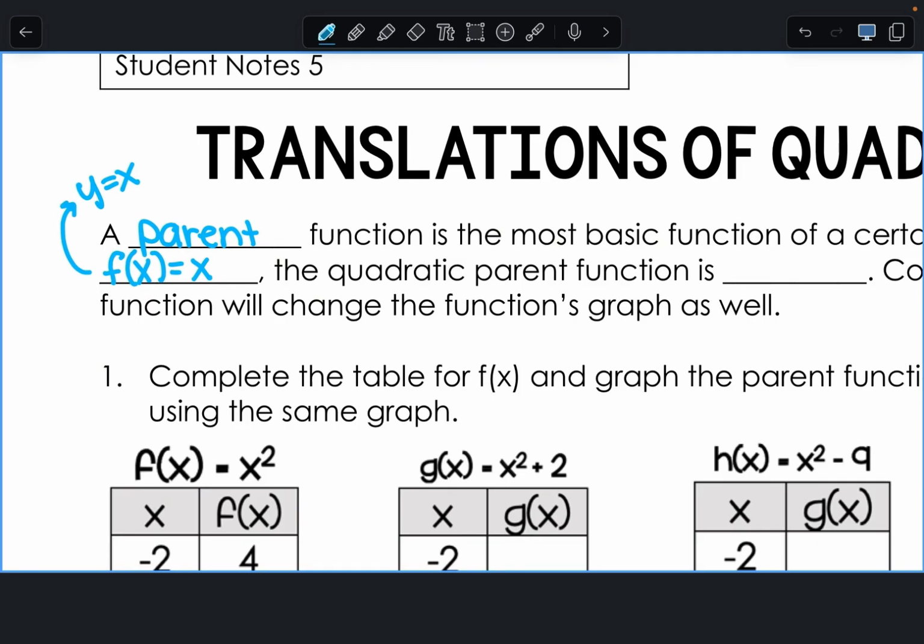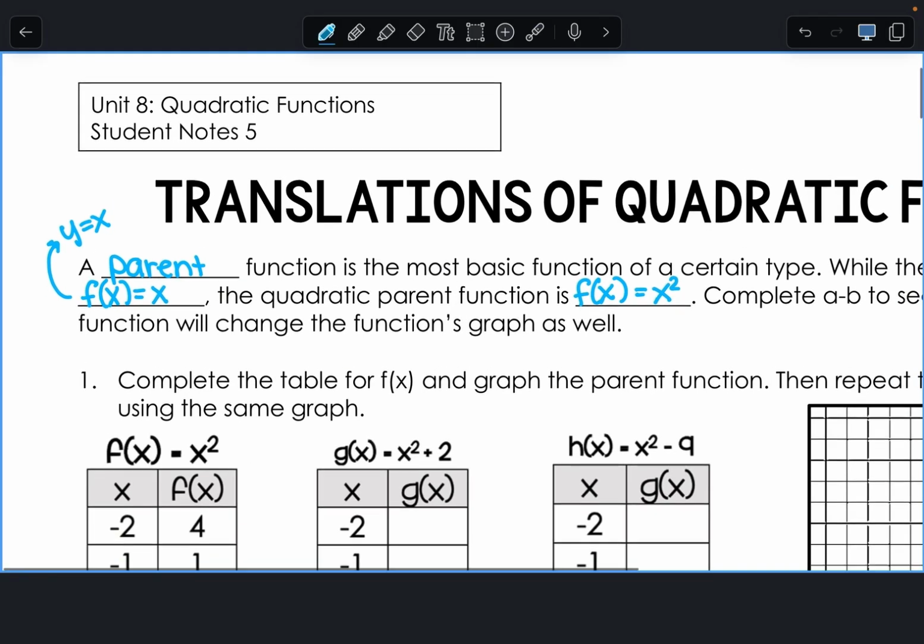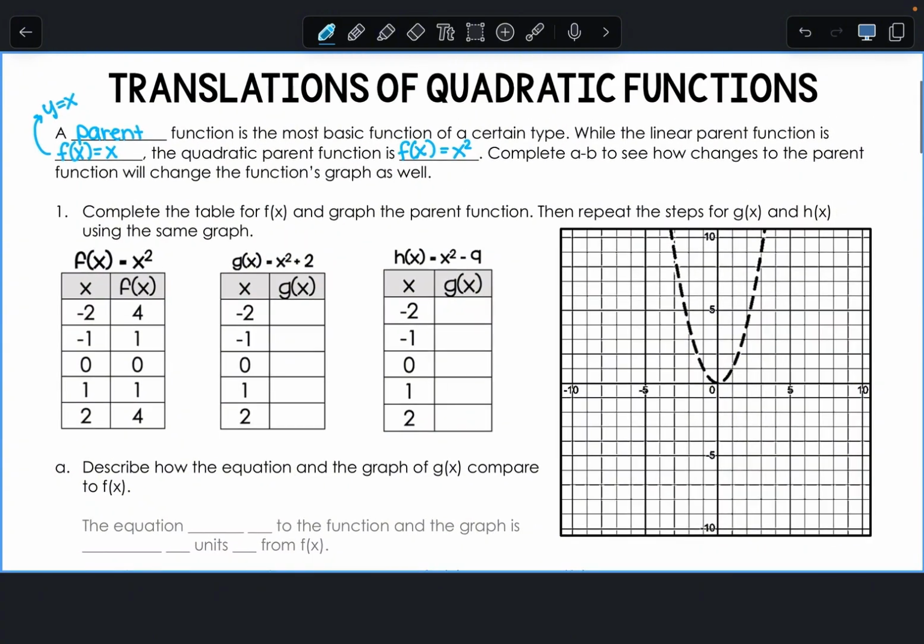The quadratic parent function is f of x is equal to x squared. So we're going to complete the tables. Now, f of x equals x squared, your parent function, is already graphed for you. Usually with transformations, they always make your parent function a dashed line, so you graph your own new parabola.